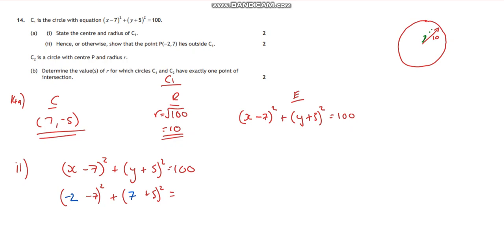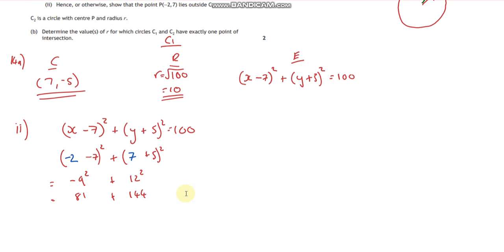So I'll go into the next line for that one. What does that equal? Well, that's the same as negative 9 squared plus 12 squared. So that's the same as 81 plus 144, which is equal to 225.